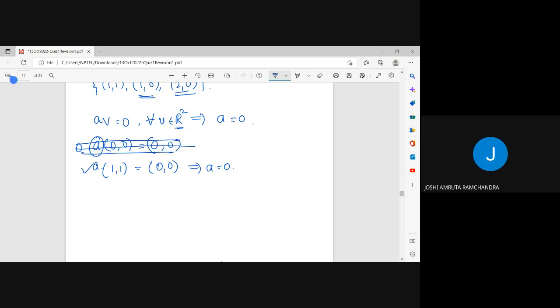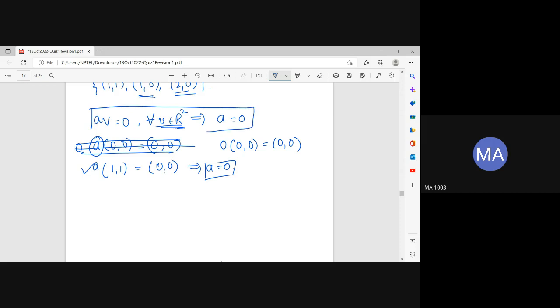Is it true here? Yes, because it's true for every vector. This is not going to contradict when I put it for 0, right? If I put A is equal to 1, this statement is not true, no? 1 times (0,0) is equal to (0,0), but 1 times (1,1) is not equal to (0,0).